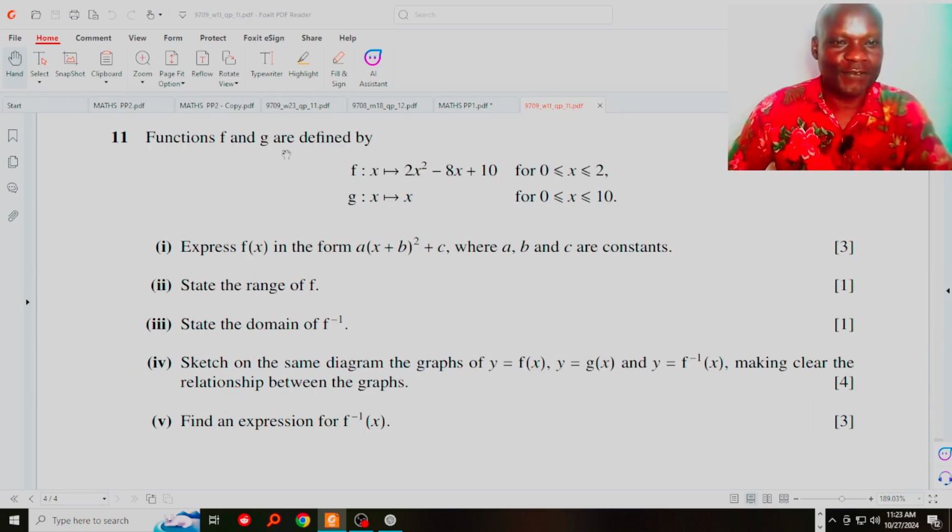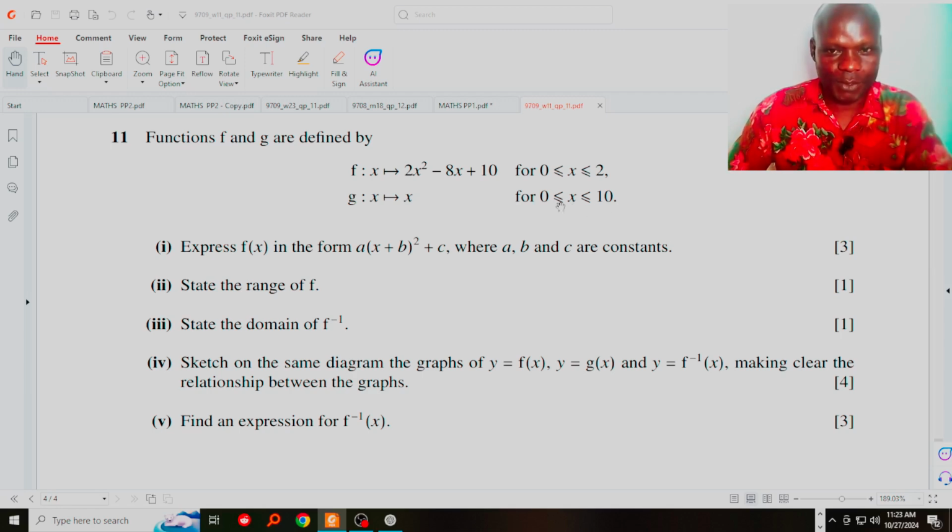So functions f and g are defined by: the function f of x is defined within the range 0 to 2 included. Then the function g has x defined just as x, again within the range 0 to 10 included.